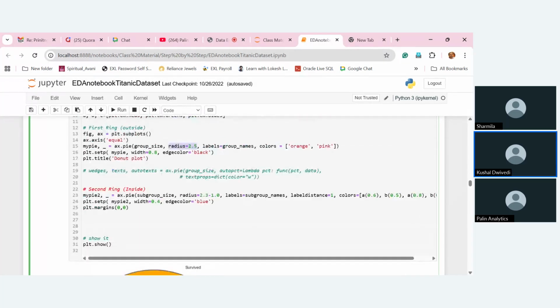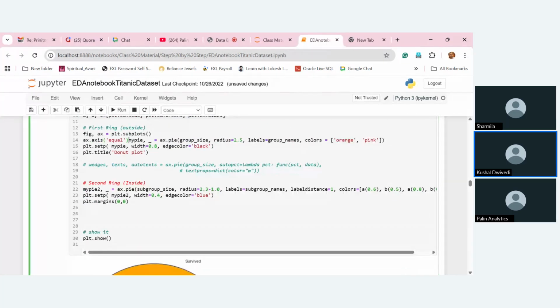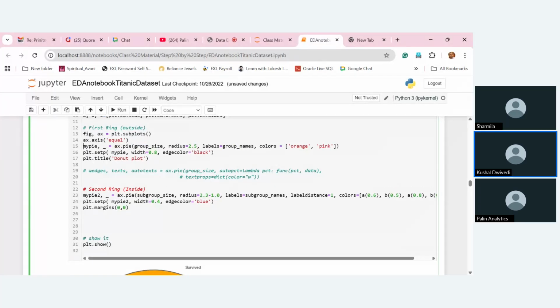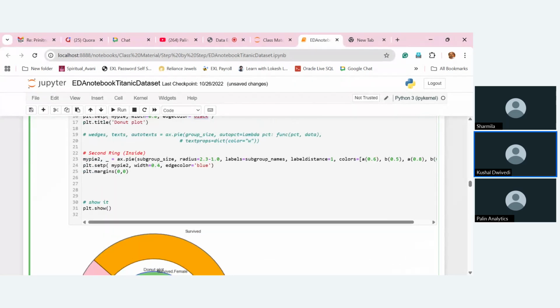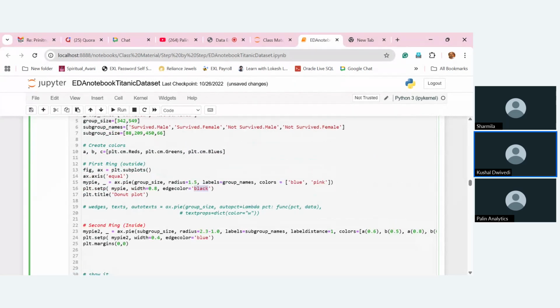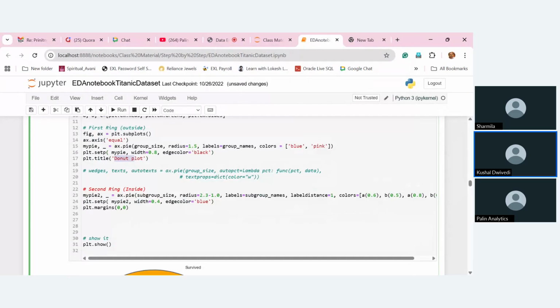For example, if I reduce this to 1.5, and you can change the color as per your own need, if I change it to blue, let's say. The border is black right now; you can convert the border to some other color, and then this is the donut plot.